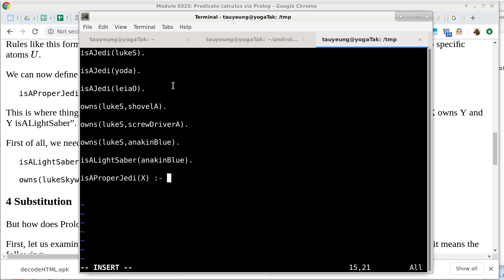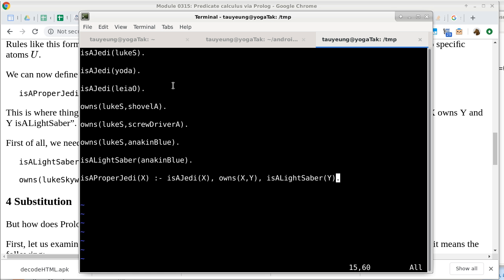So you can now say X is a proper Jedi only if blah blah blah. That blah blah is going to be: X has to be a Jedi first, and X has to own something. So X owns Y, and this Y that X owns has to be a lightsaber, which is basically the same rule that we looked at earlier in the notes.